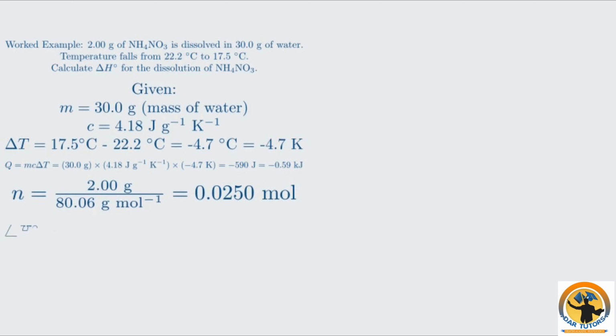Finally, we find delta H naught. It's negative Q over n. So we have negative of negative 0.59, which is positive 0.59, divided by 0.025. The standard enthalpy of solution is positive 23.6 kilojoules per mole. The positive sign confirms this is an endothermic process.